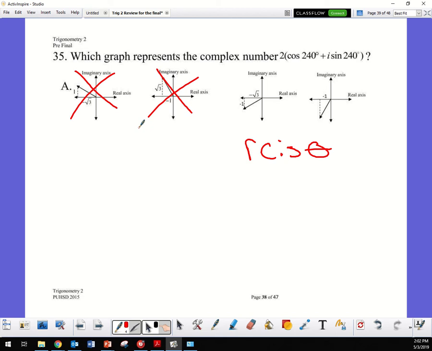Okay. Now, what is cosine at 240? Negative 1 over 2. What is sine? Negative square root of 3 over 2.